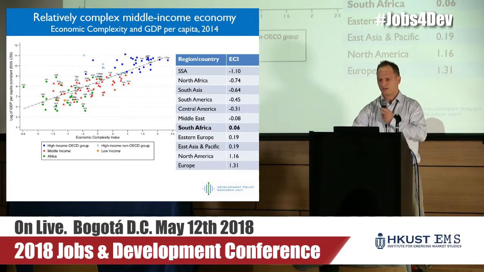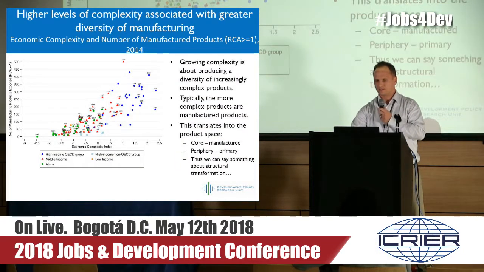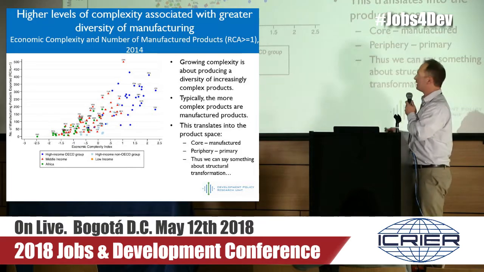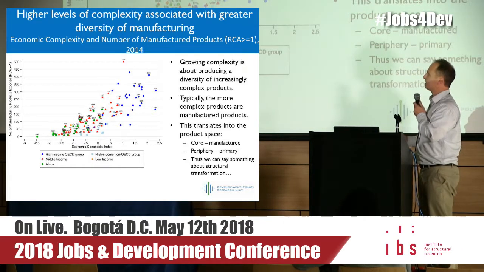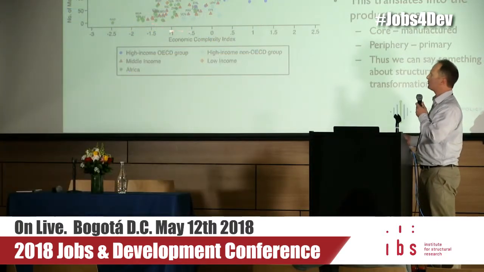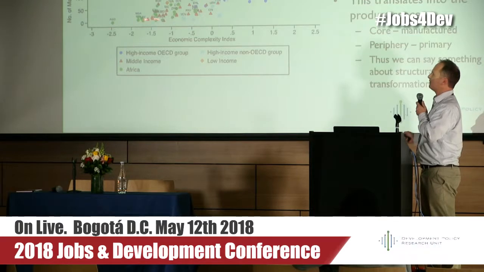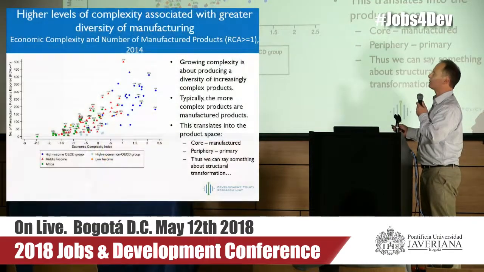But the question is, how do you grow this complexity? This graph is to establish the relationship between economic complexity and manufacturing. The way that we measure manufacturing is the number of manufactured products exported with a revealed comparative advantage of one or more.